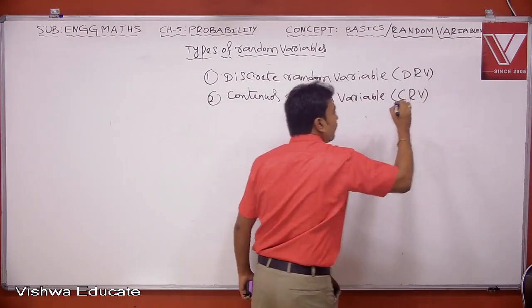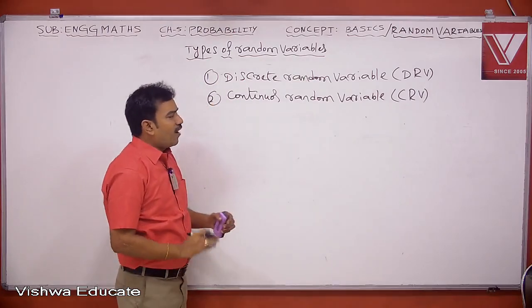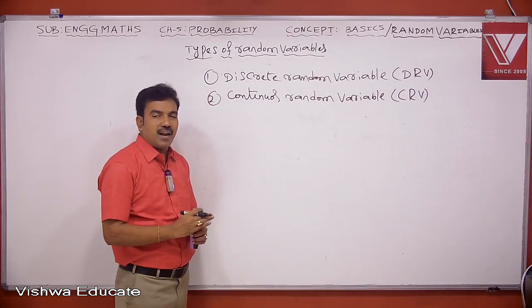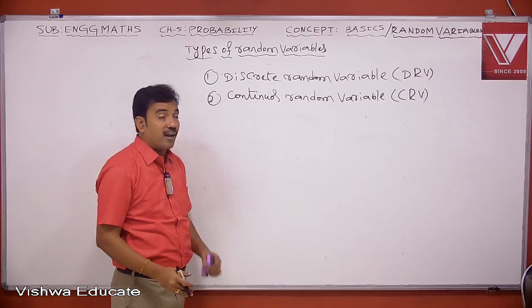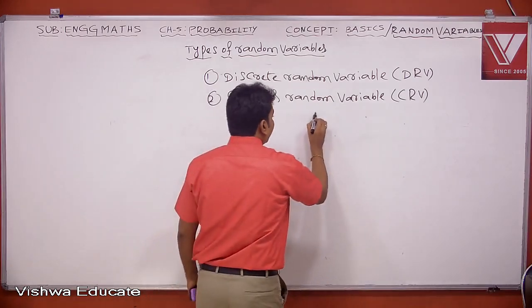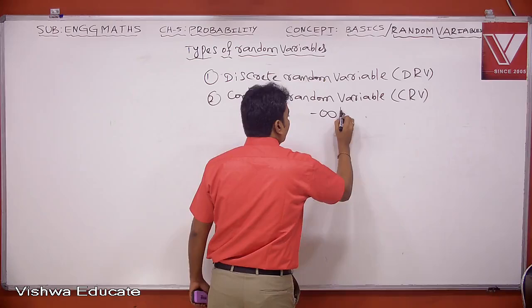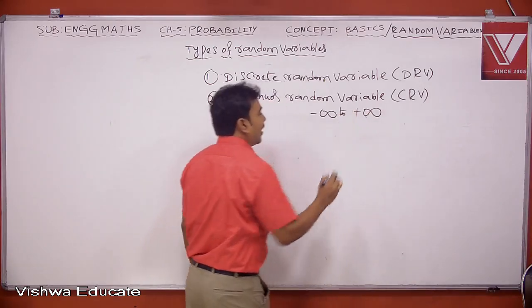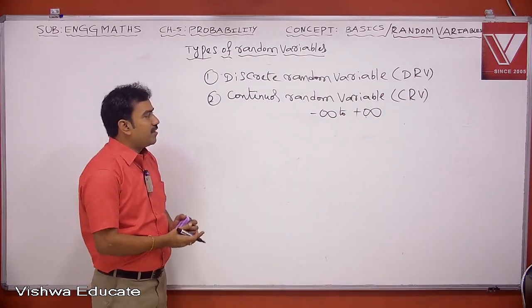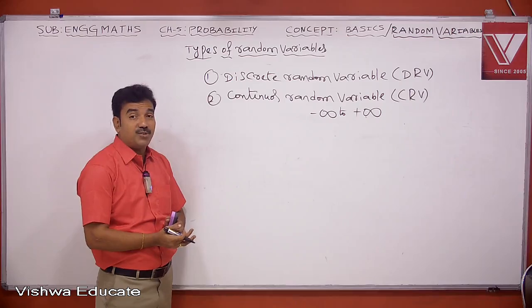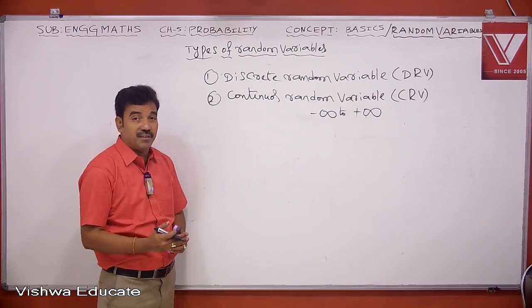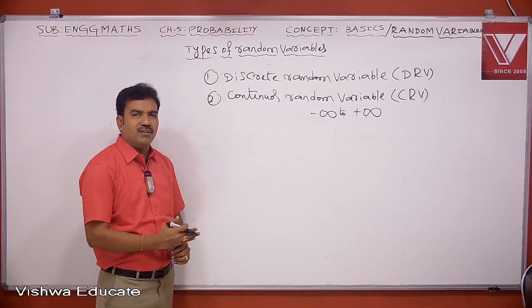It is called continuous because the random variable x takes infinitely many values. In general, it runs from minus infinity to plus infinity. Continuously you will get values for the random variable.